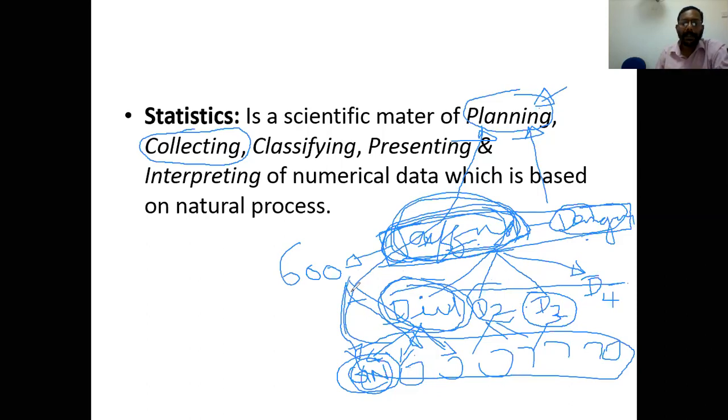So how to split these samples into different divisions and different GN areas? That is how we have to plan it. Before doing the data collection, we have to plan it properly. Planning is very important. In any kind of experiment, planning is very, very important. If your plan is not done properly, then you cannot do a good experiment.